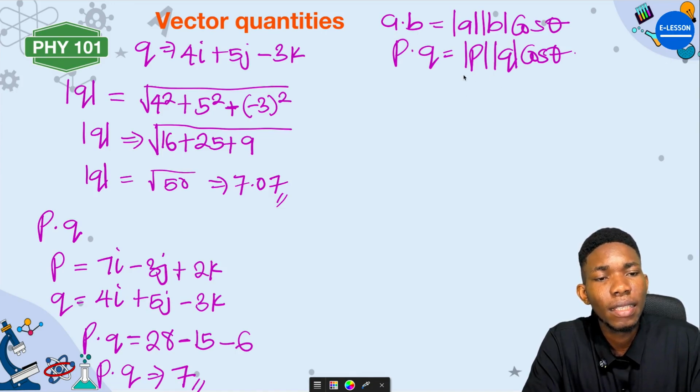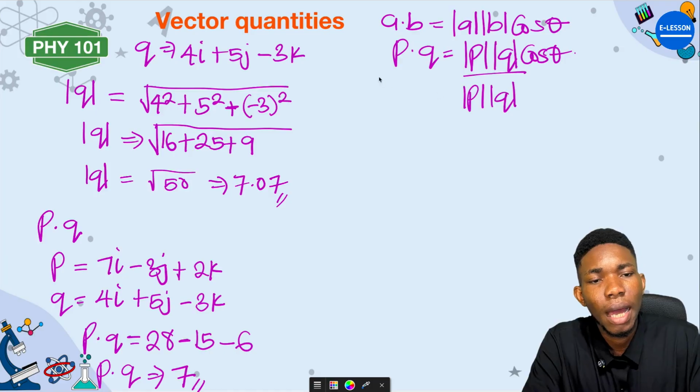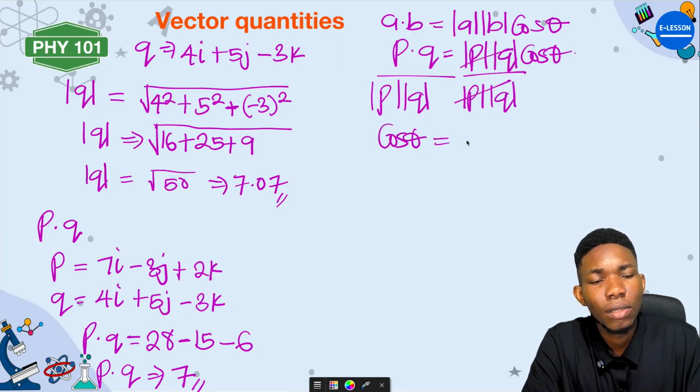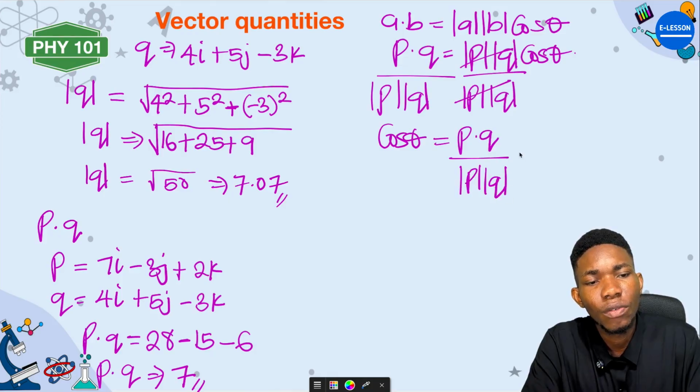So to get cos theta, divide both sides by the magnitude of P times the magnitude of Q. When this cancels, our cos theta will be P dot Q divided by the magnitude of P multiplied by the magnitude of Q.